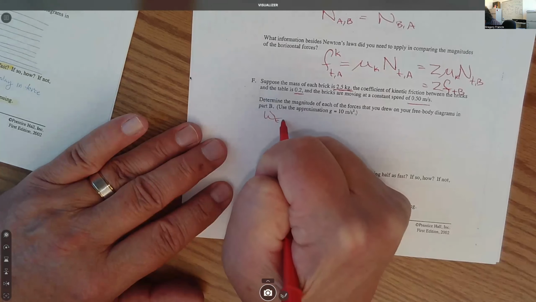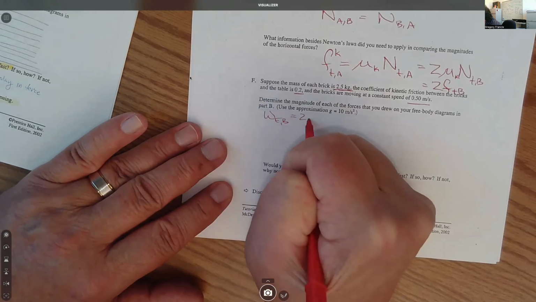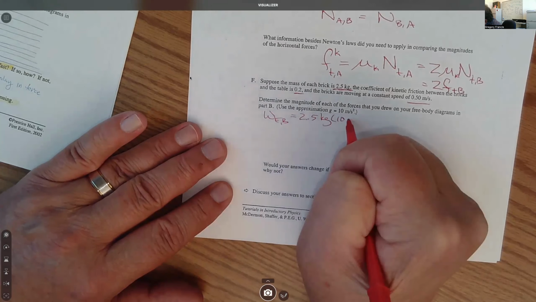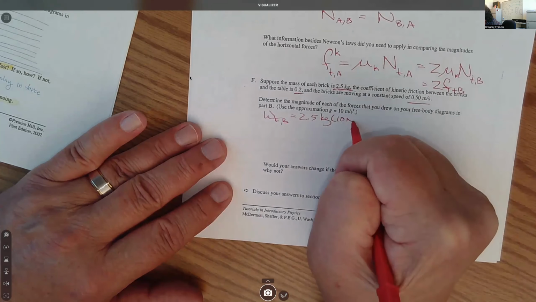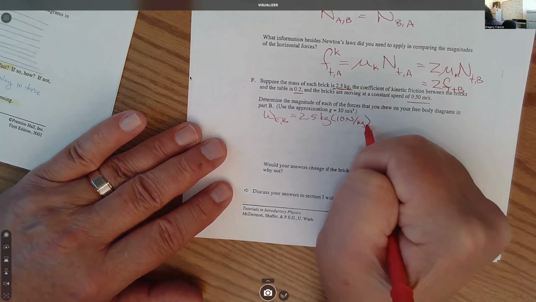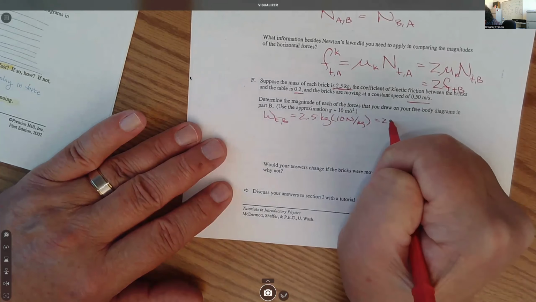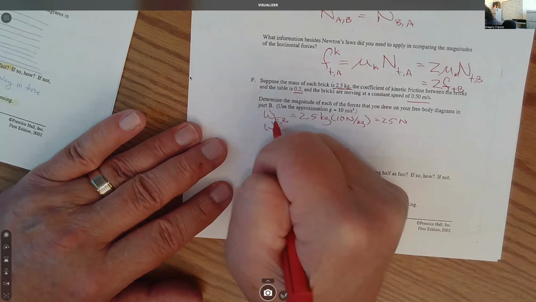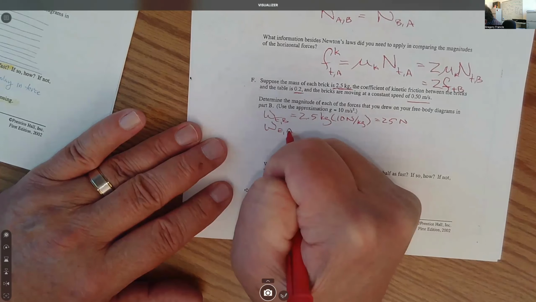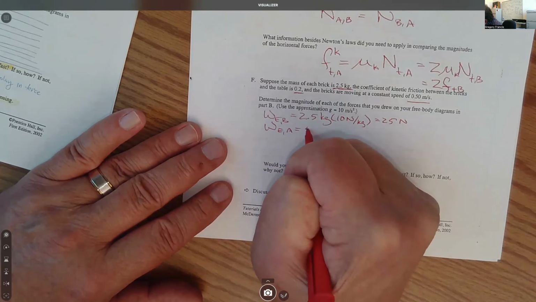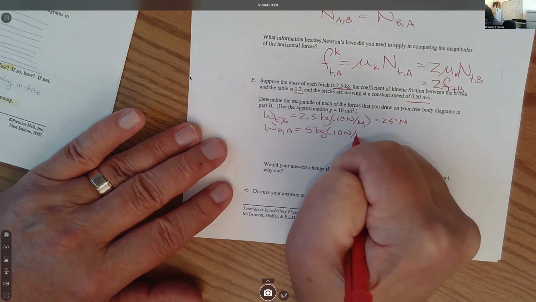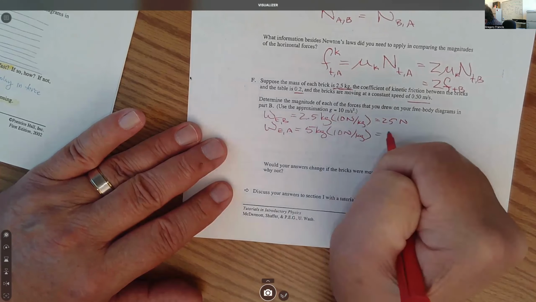The earth on B is going to be 2.5 kilograms times 10 (9.8, call it 10) newtons for each kilogram, and that's going to be 25 newtons. The earth pulling on A is going to be twice as big. That's going to be 5 kilograms times 10 newtons for each kilogram, or 50 newtons.